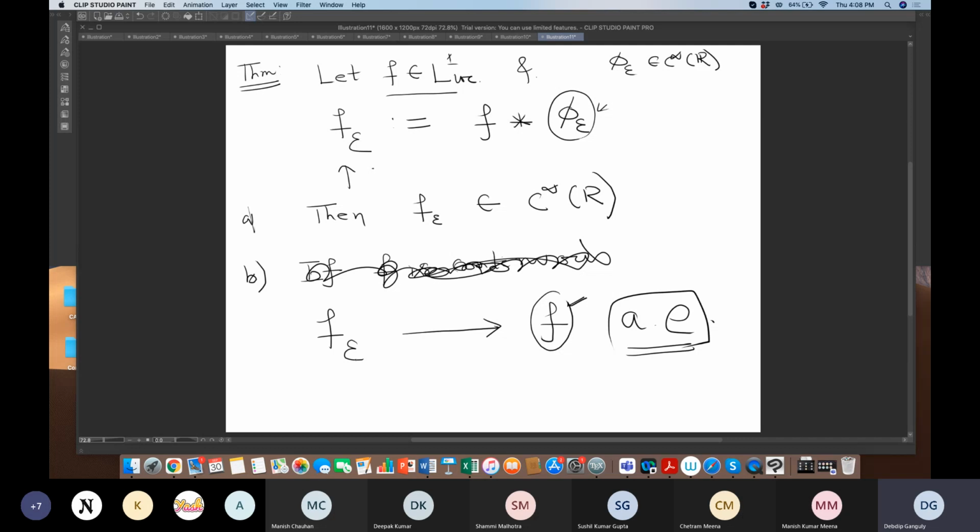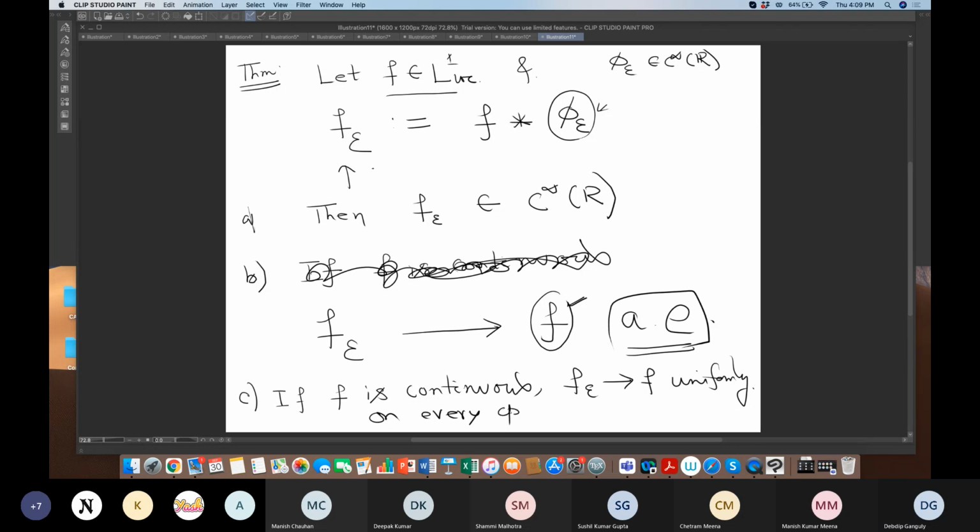If f is continuous, then f epsilon converges to f uniformly on every compact set. Parts A and C you can try, or the tutor will prove for you. I will prove that f epsilon converges to f almost everywhere.